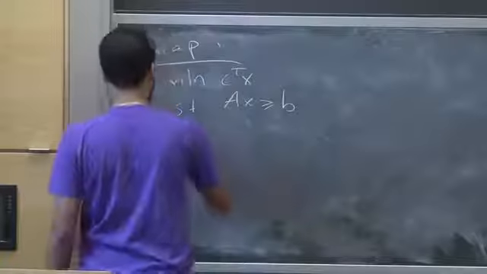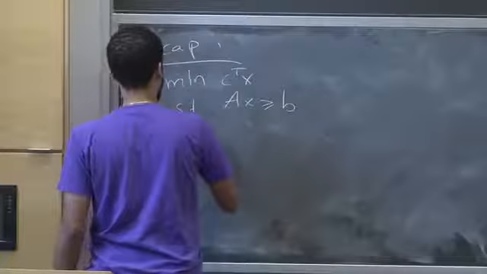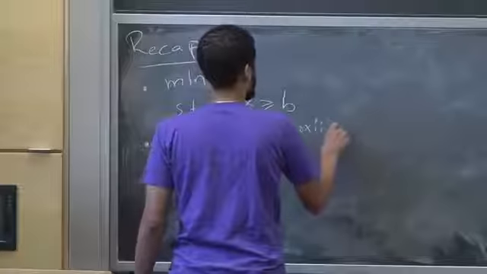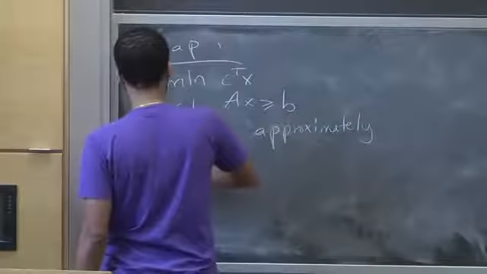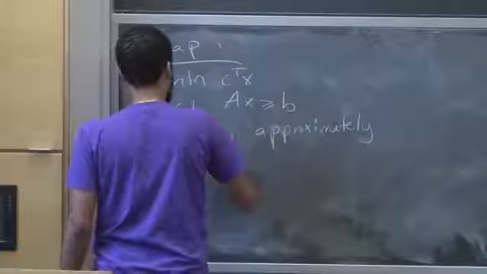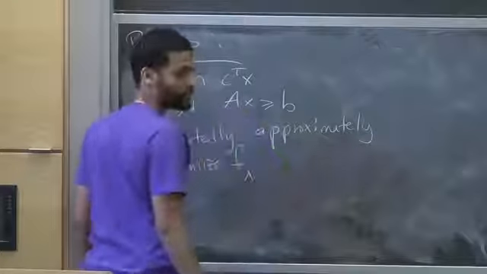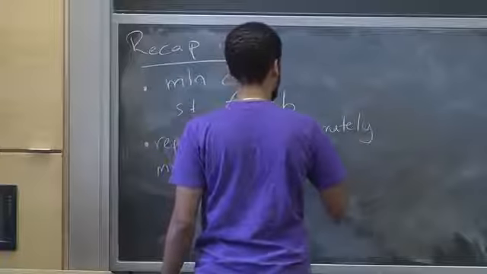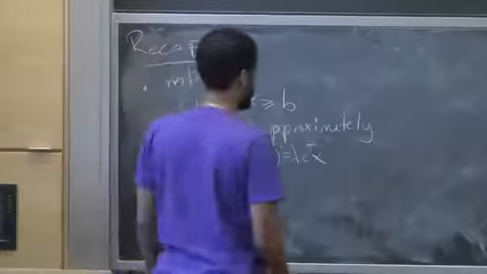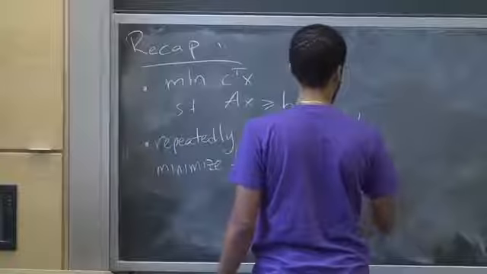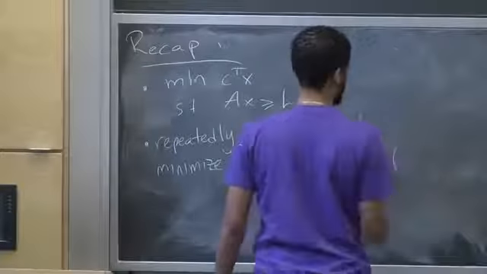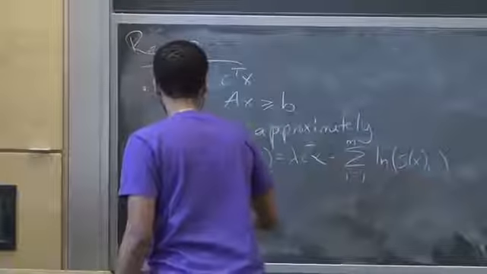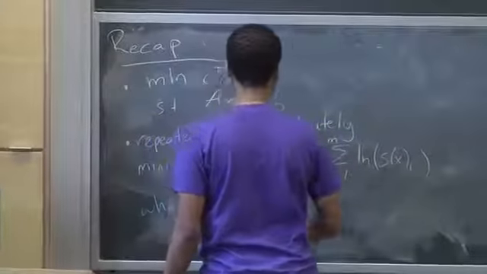And we repeatedly approximately minimized f_lambda, where f_lambda of x is defined to be lambda c transpose x minus the sum i going from 1 to m of ln of slack of x at i, where the slack vector is defined as Ax minus b.